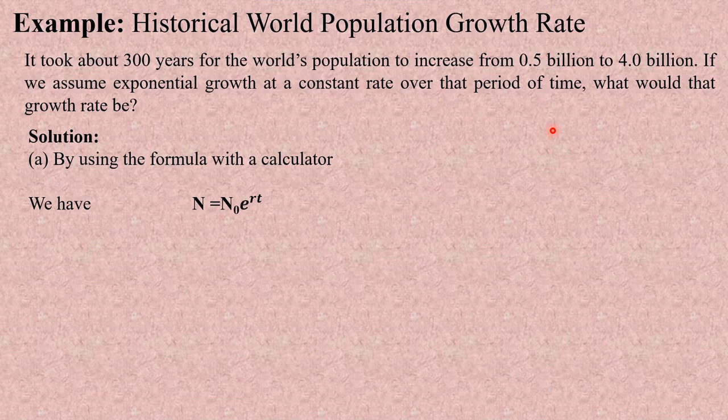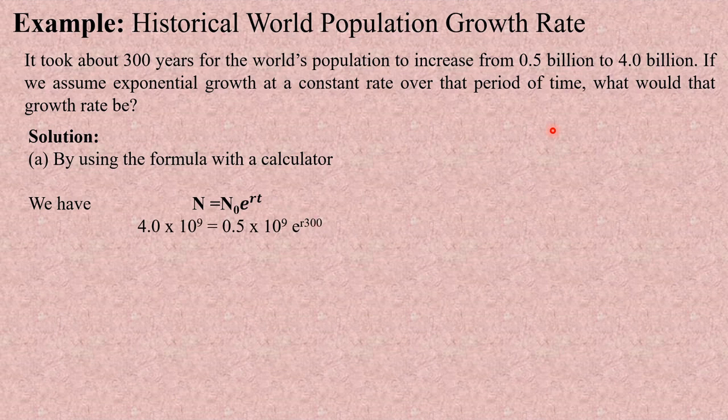So we know here N is 4 billion and n0 is equal to 0.5 billion, and time t is equal to 300. So we have to identify the r.